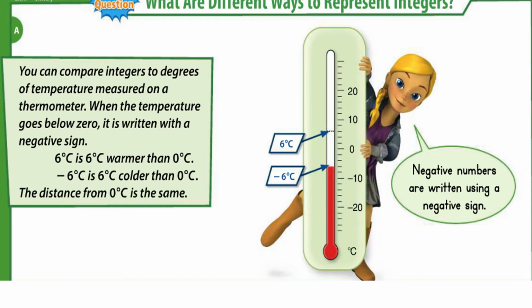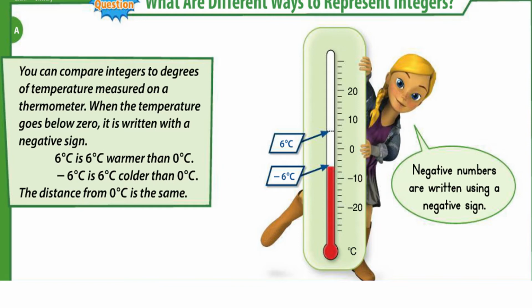Of course, guys, +6 means 6 Celsius degrees warmer than 0. Okay, and -6 Celsius degrees is colder than 0, of course. And the distance from 0 is the same. So 6 Celsius degrees is 6 units from 0, and -6 Celsius degrees also is 6 units from 0.